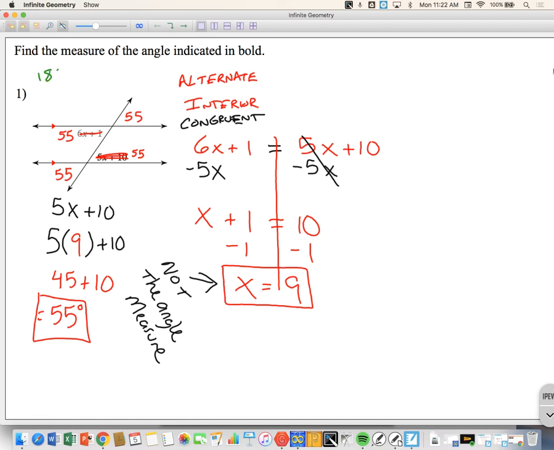So we'll take 180 degrees and subtract our degree measure, 55, leaving us with 125. This is the other degree measure in our diagram. I'm going to go ahead and fill all the other angles with 125.